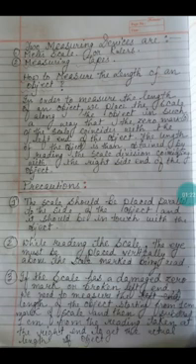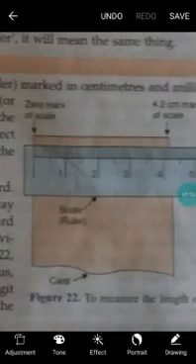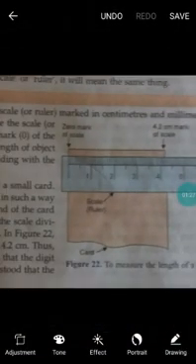We will see now. See students, in your book figure 22, they are measuring the length of a card. Now we know how a scale looks. There are some divisions marked in a scale or a ruler.